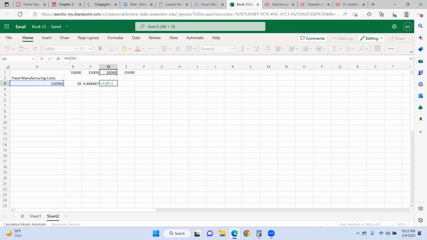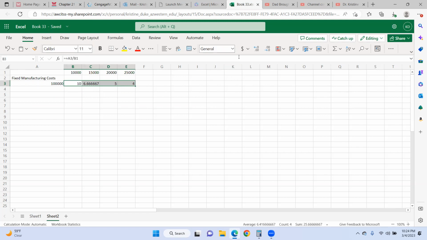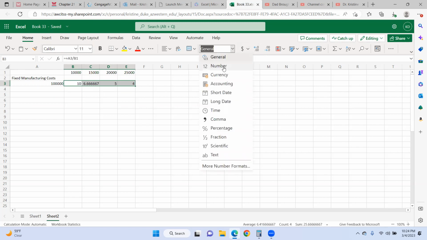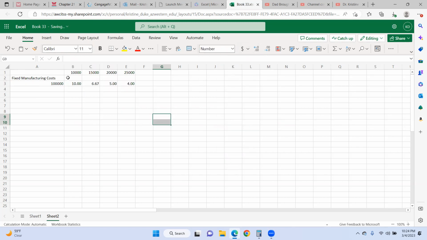Divided by 20,000. We're going to see it again here in just a minute, but I think it's going to be a 3. Divided by that amount. No, it's a 4. Okay, even better. So you can see as we continue with this, the cost per unit decreases as we increase our production.